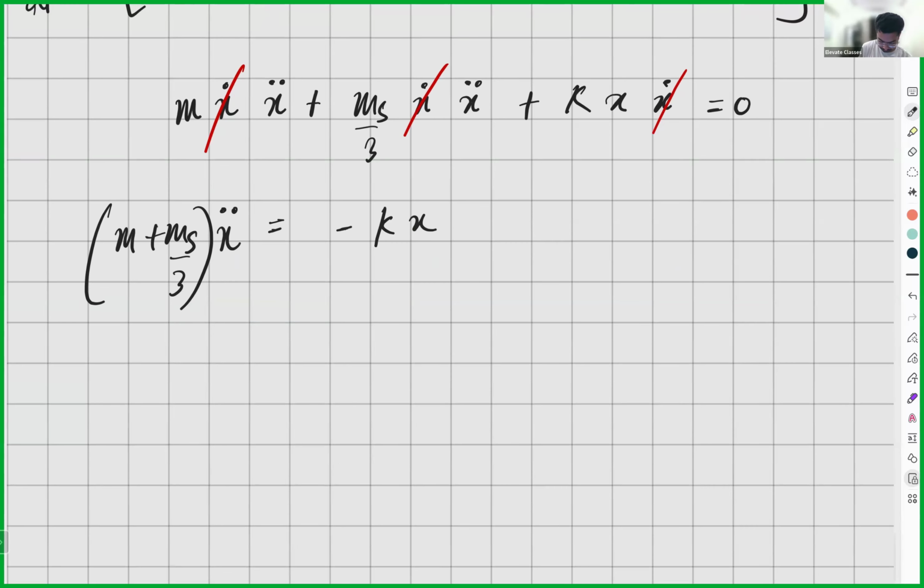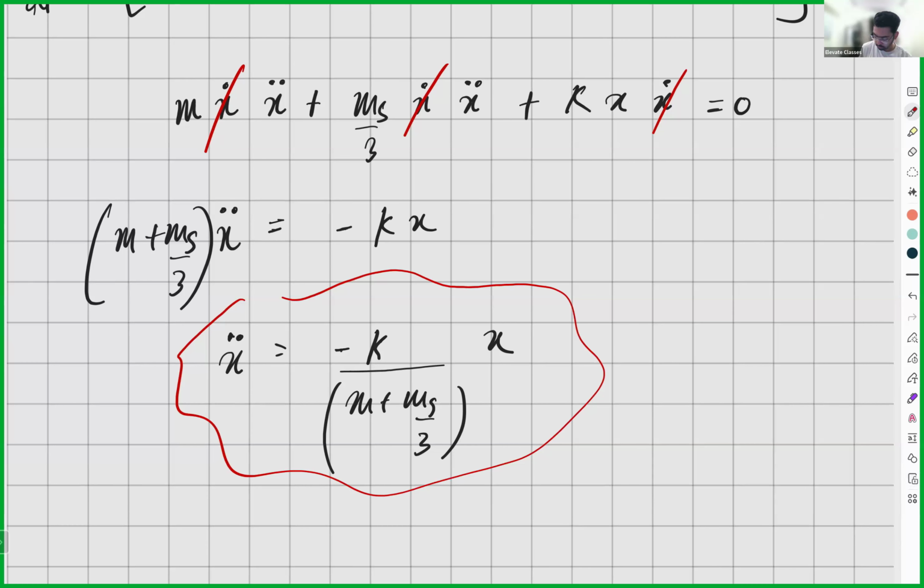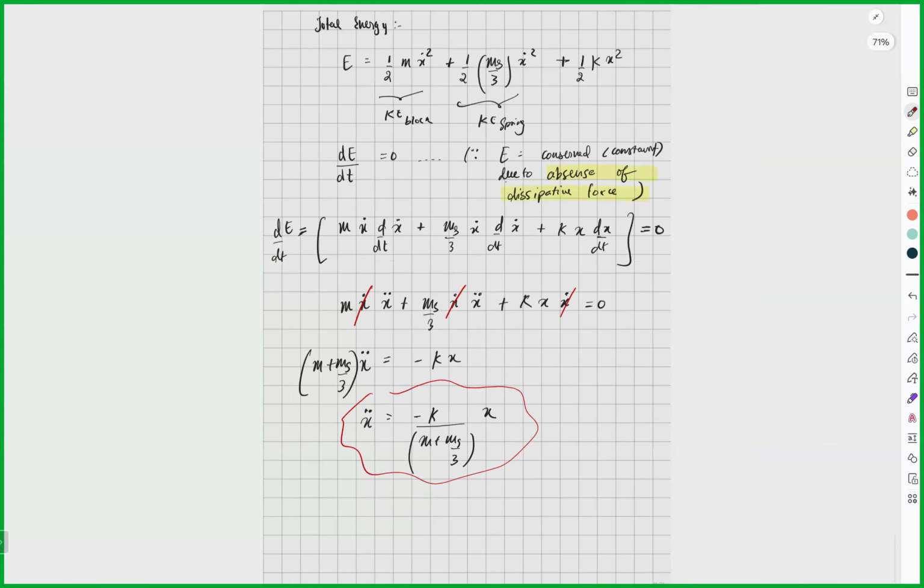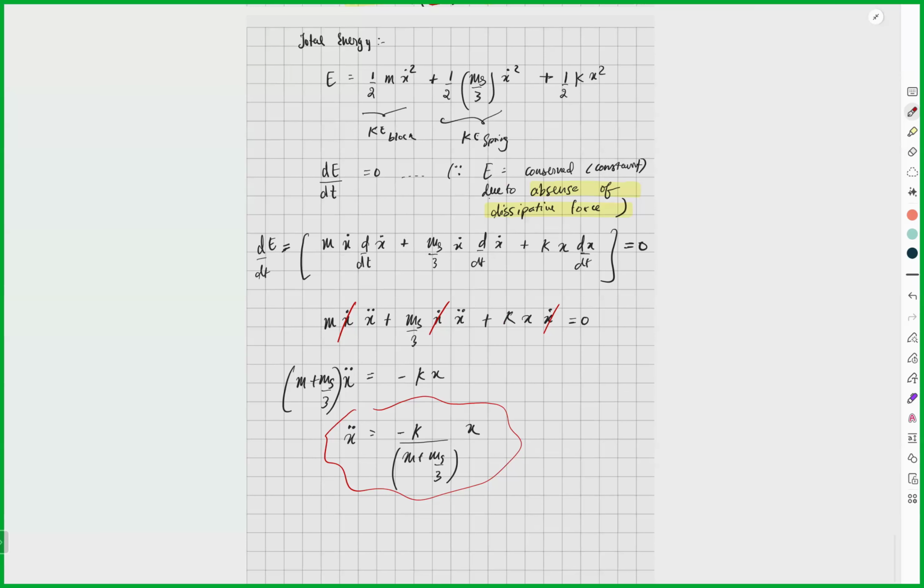So x double dot, which is the acceleration of the block, is minus k by m plus ms by 3 into x. So can you tell me what have we got? I'm not asking the time period. The equation of SHM. Yes.